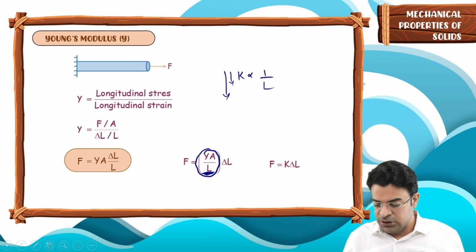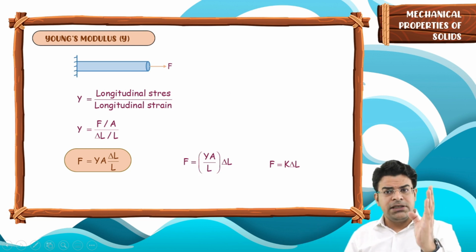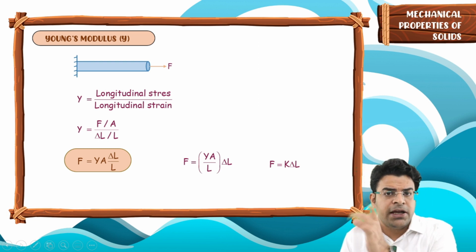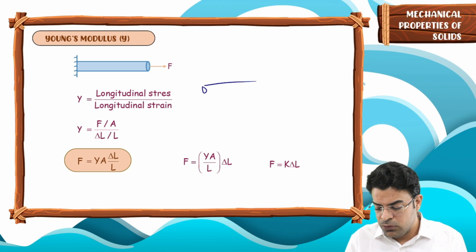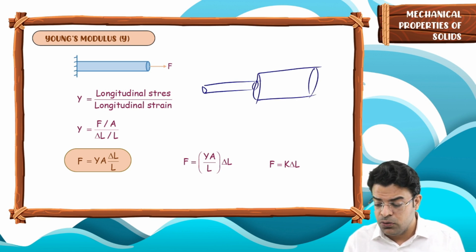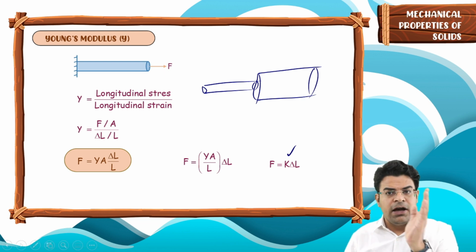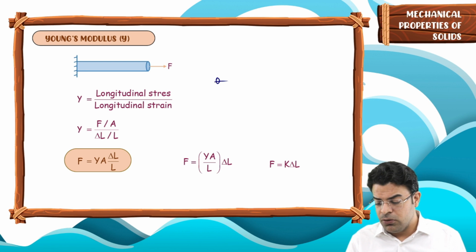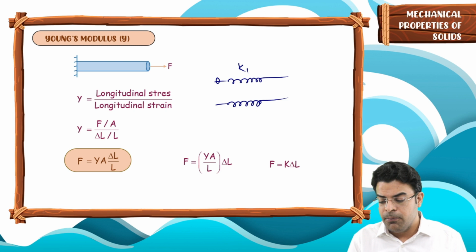Next thing, students. For springs in series, we use 1 upon K equivalent equals 1 by K1 plus 1 by K2. The same thing can be used for two rods in series. So it is useful to remember this spring constant is YA by L. For springs in parallel, we know that K equivalent comes out to be K1 plus K2.